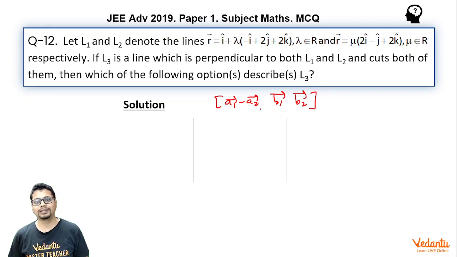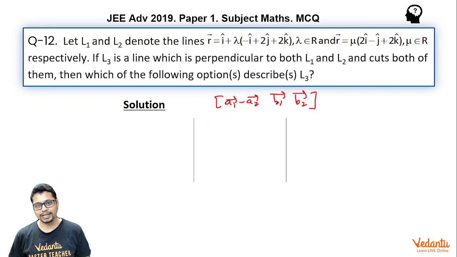Now what are a1 vector, a2 vector, b1 vector, b2 vector? a1 vector is the position vector of a point on line L1, a2 vector is the position vector of any point on line L2, b1 vector is a vector parallel to line L1, and b2 vector is a vector parallel to line L2. So let's check it out. I can say a1 vector is i cap and a2 vector is the origin.